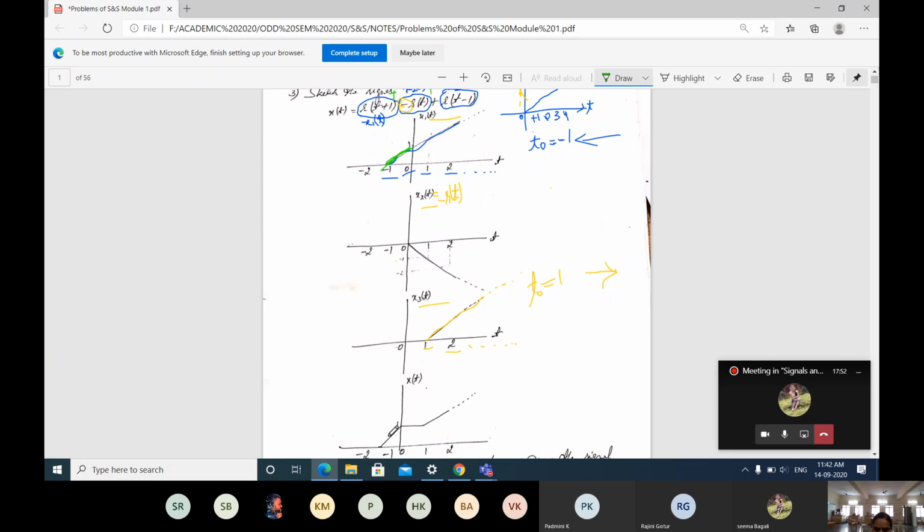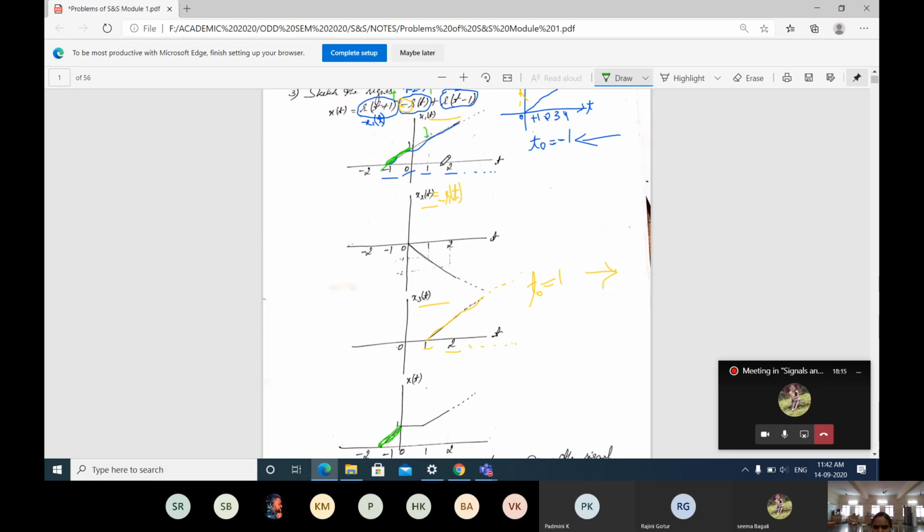For that reason, it is drawn from minus 1 to 0, up to 1, right? For each increment from minus 1 to 0, one value is incrementing. Again from 0 to 1, the magnitude is going to be 2.